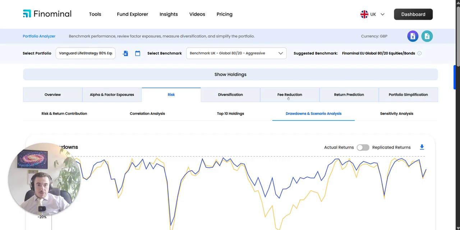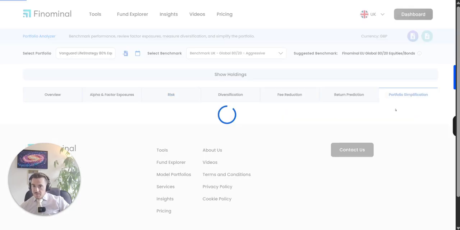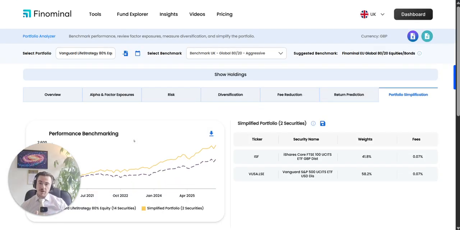We can look to portfolio simplification. Just note this is a 14 fund portfolio. So how can we take that 14 fund portfolio and simplify it? In doing so, this can actually be simplified with just two holdings: the FTSE 100, 41.8%, and the Vanguard S&P 500 at 58.2%.